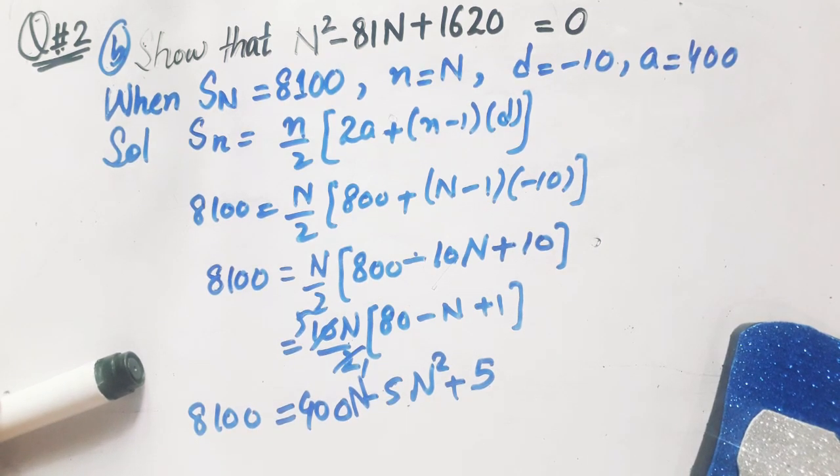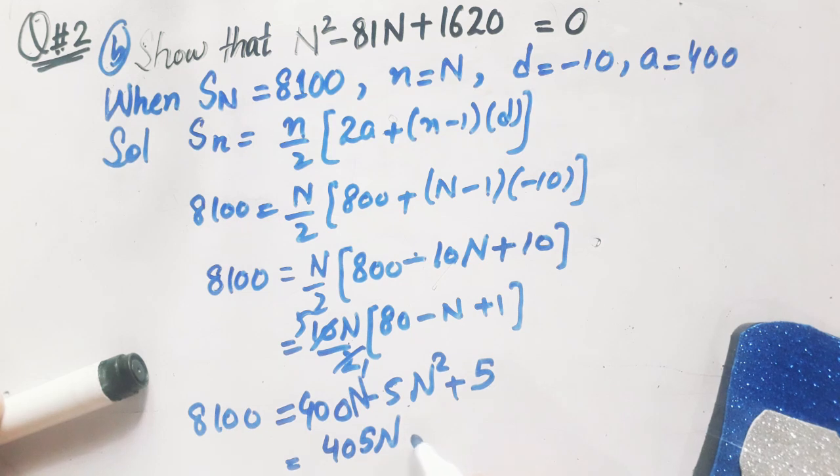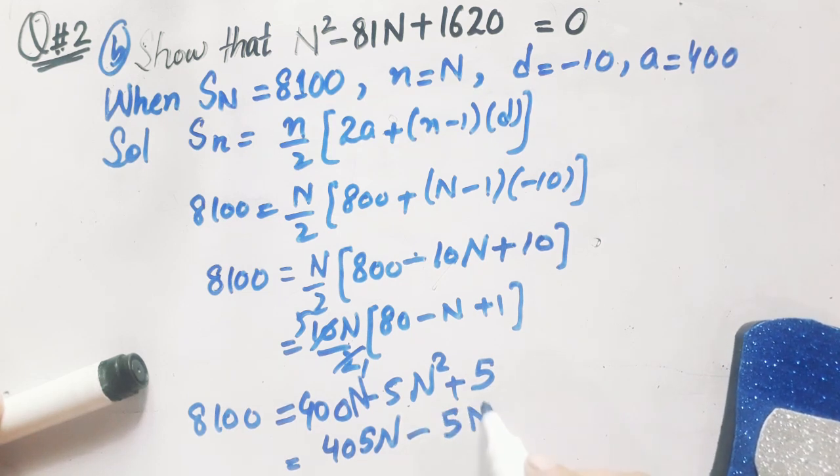Now we will take 5 as common from this. Then again we have 400 plus 5, 405n, and minus 5n square, 8100.